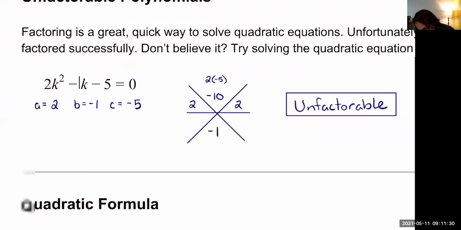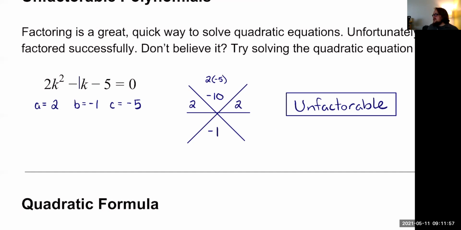Now, yesterday, if we hit a situation like this, which very intentionally you did not, yesterday we would have then said, well, this is unsolvable. And that would have been true, except today I'm going to show you that there's another method that allows you to continue solving these types of equations even when factoring fails.